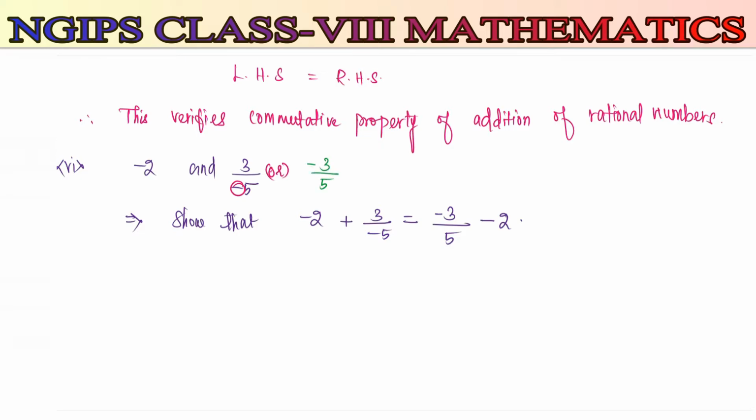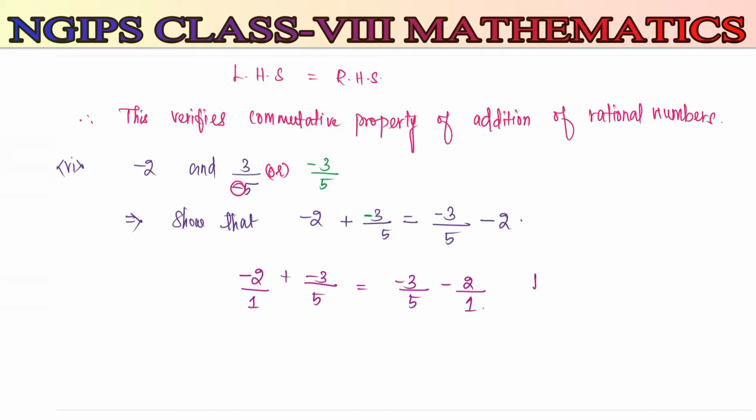So I am going to shift this negative sign to the numerator: minus 2 plus minus 3 divided by 5. If there is no denominator you can consider it as 1, is equal to minus 3 divided by 5 plus minus 2 divided by 1.